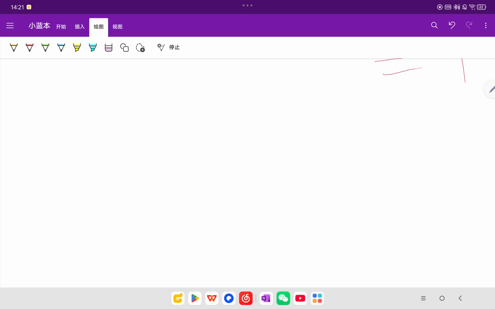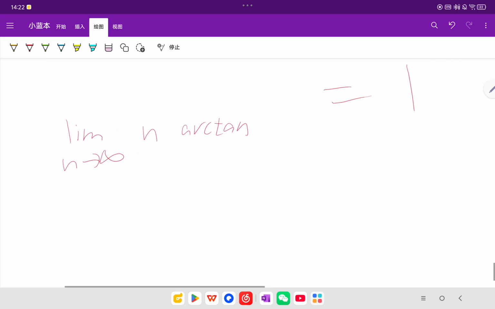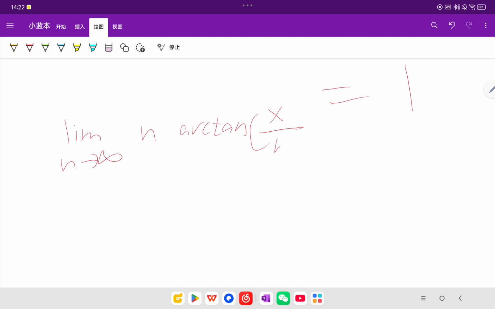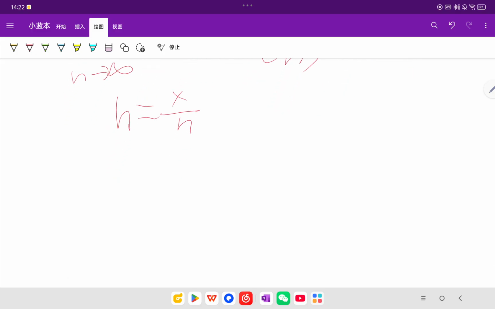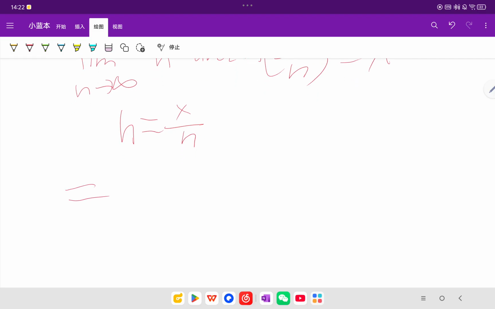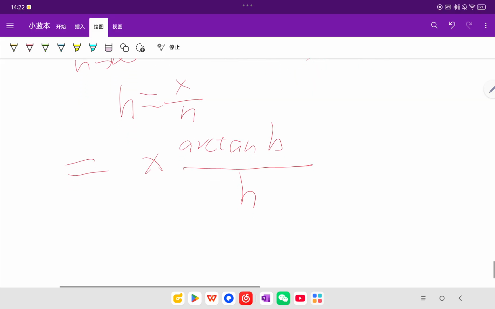So now officially we have another limit here, which is the limit as n goes to infinity of n arctan x divided by n, and we claim it equals x. And now we'll prove why. If we put h equals x over n, the thing above equals x arctan h divided by h.